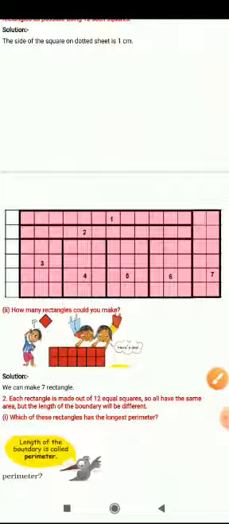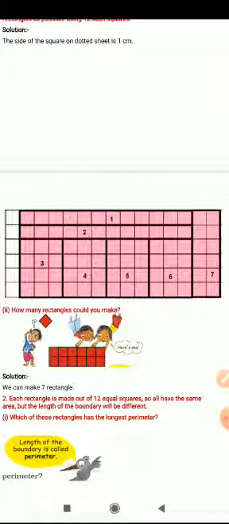Now, next question is, how many rectangles could you make? In this question, they are asking that in this dotted sheet, how many rectangles we can make by using this 12 such squares of 1 centimeter.